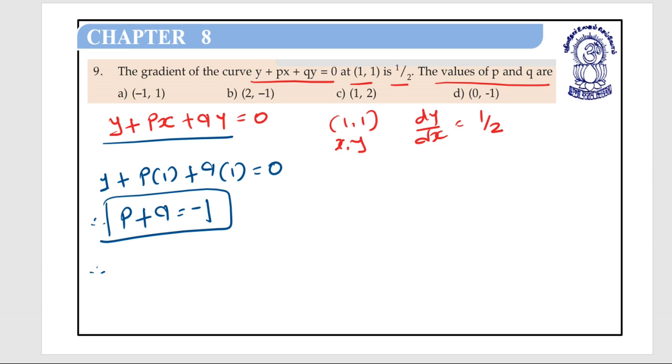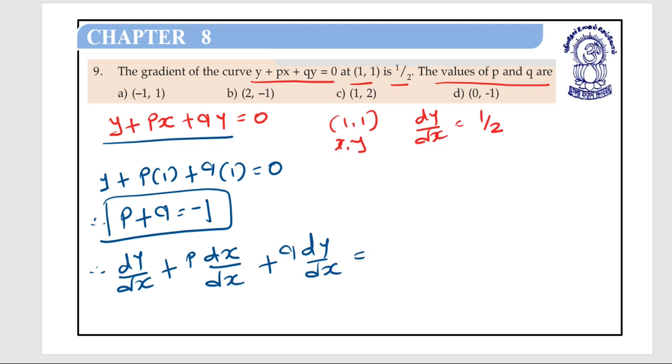Now take the dy by dx. So dy by dx plus p dx by dx plus q dy by dx is equal to 0. So dy by dx plus p plus q dy by dx is equal to 0.